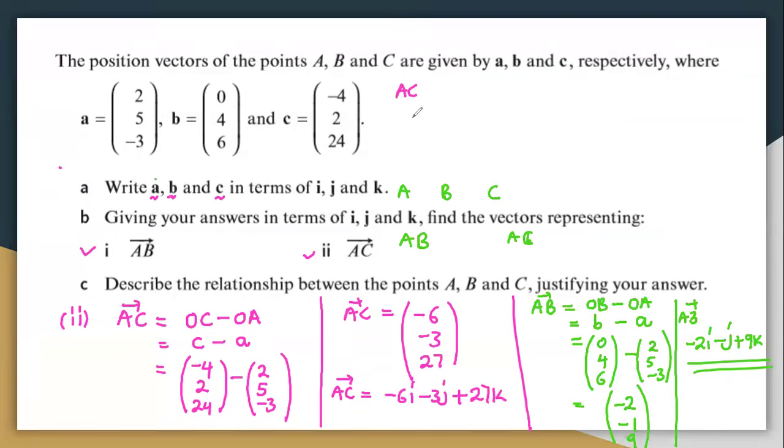Which means that I multiply AB by a particular scalar, in this case 3, and I get AC, right? Because AB and AC have the same starting point, which is point A, and they run in the same direction based off their vectors, since one is a scalar multiple of the other, it means that the points A, B, and C lie in a straight line. Okay. This is what you have come up with?